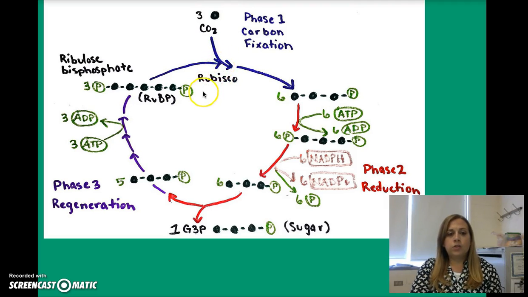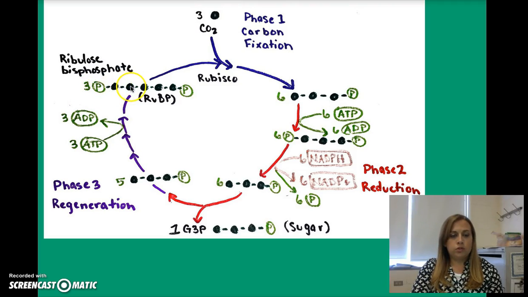Now, what I want you to look at is, before this carbon dioxide is actually pulled in, you are starting this phase with this RuBP, ribulose bisphosphate. So you have 3 of these RuBP molecules. It's bisphosphate, so you've got a phosphate group on one end and a phosphate group on the other end. So there's your 2 phosphates. You have 3 of them, and they are 5 carbons each.